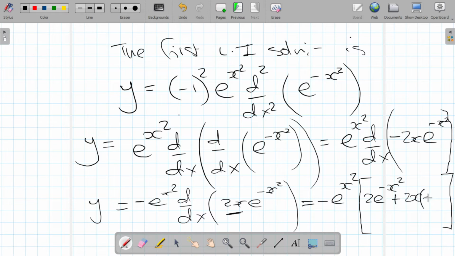So we get minus, I'm just wondering how I can fit this on, minus 2x e to the minus x squared. I can't really fit that on, but let's go on to the next page and do it properly.